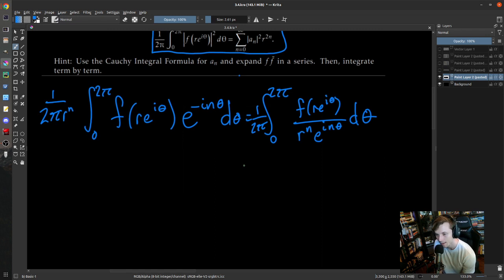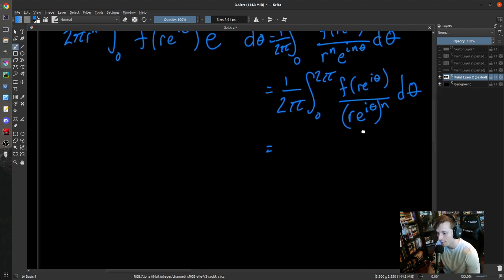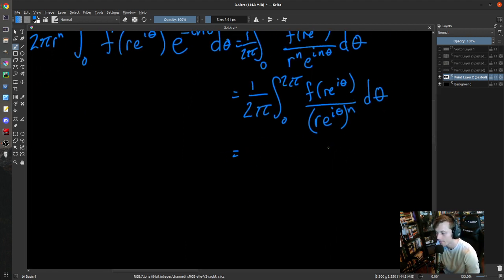Now I'll rewrite this as 1 over 2 pi integral from 0 to 2 pi of f of r e to the i theta over r e to the i theta, all to the n, d theta. Now I'm going to try to get rid of this d theta so I can write this as a contour integral.